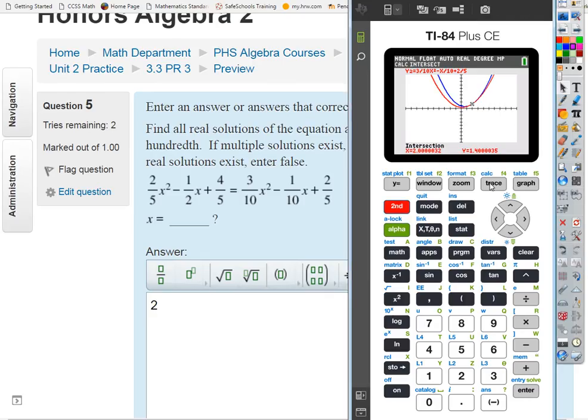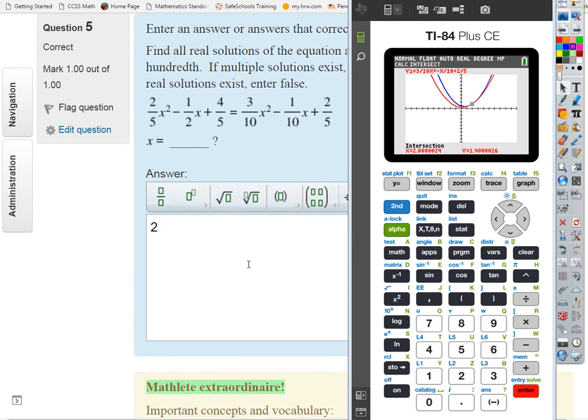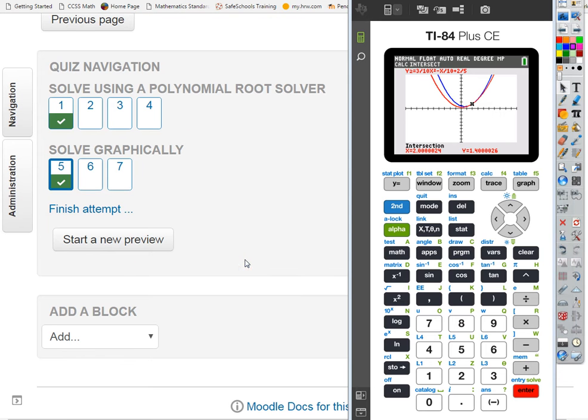Second calc, intersect, first curve, second curve. Let's go up there. And it tells us the same answer. So we only get one solution at 2, and that's it. It just grazes it.